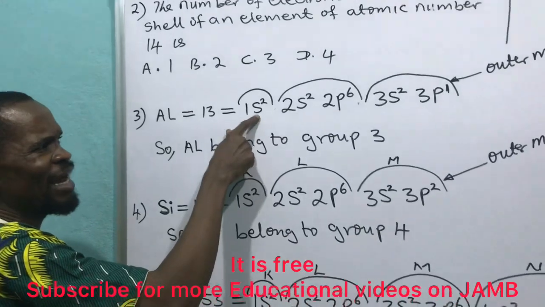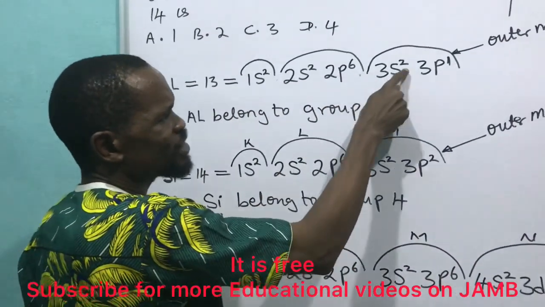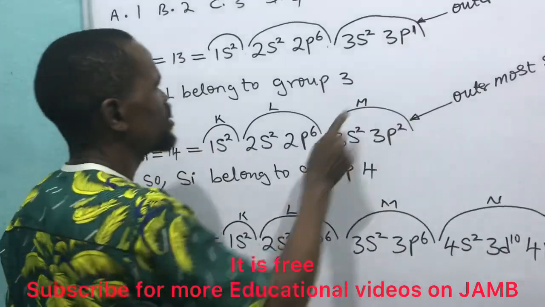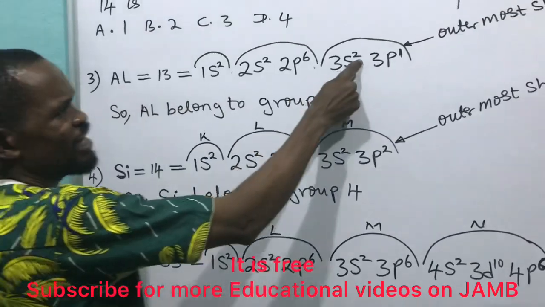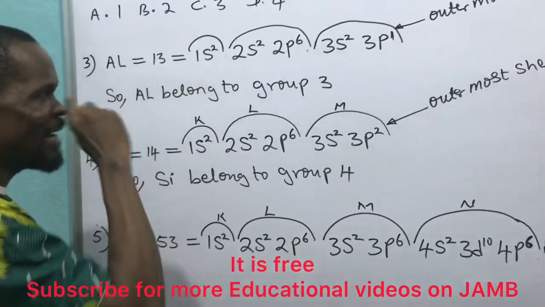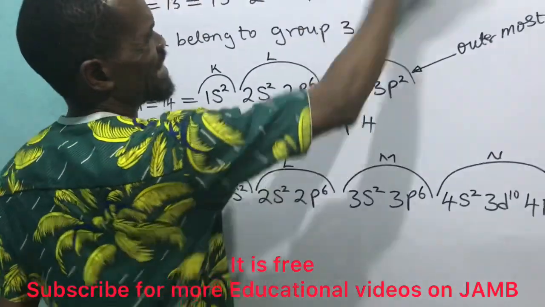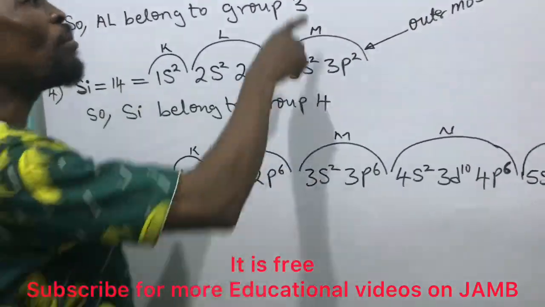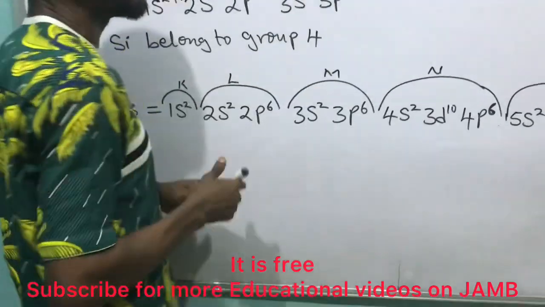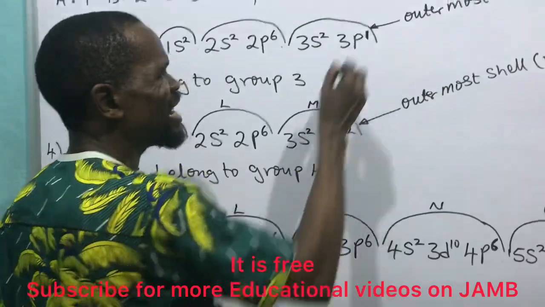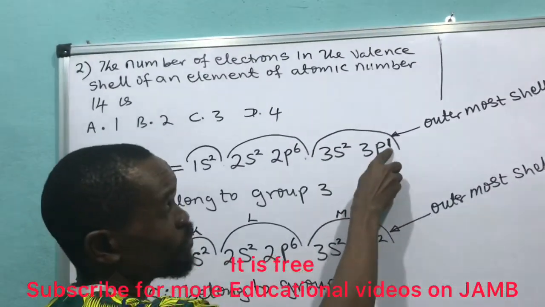We start: 1s2, 2s2, 2p6, 3s2, 3p1. If you check it, this plus this plus this will give me 10. This plus this will give me 13. Then now, let us look at the period. The first period, second period, third period, which is the last shell. And the number of electrons in that last shell is 2 plus 1, which gives me 3.